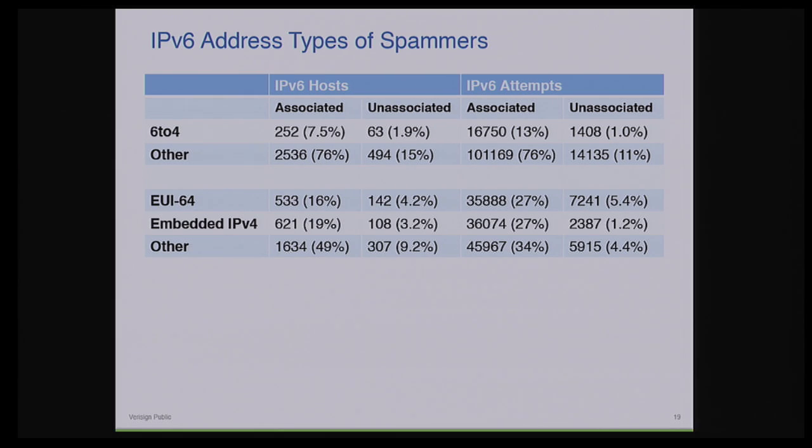Interestingly, when we looked at the breakdown of address types, the idea here was to look at whether we could identify which of these hosts seemed to be dynamically addressed in some way or other. Now, most of these 6to4 addresses that you see, about 7.5%, close to 10% if you include the unassociated addresses that were showing up at the sensor MTA, were 6to4.